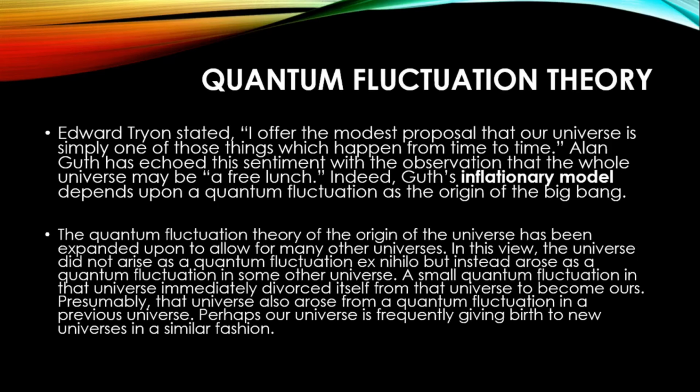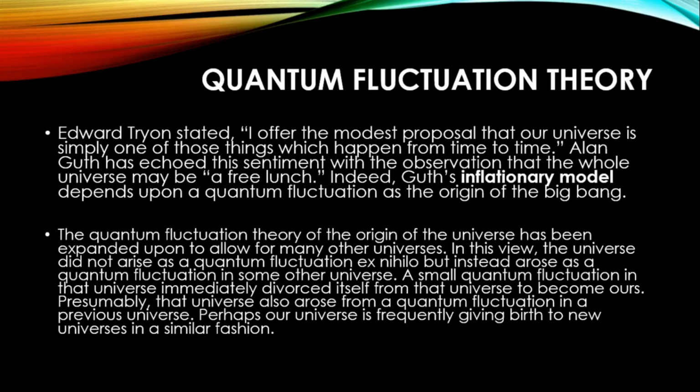The quantum fluctuation theory of the origin of the universe has been expanded to allow for many other universes. In this view, the universe did not arise as a quantum fluctuation ex nihilo, but instead arose as a quantum fluctuation in some other universe.